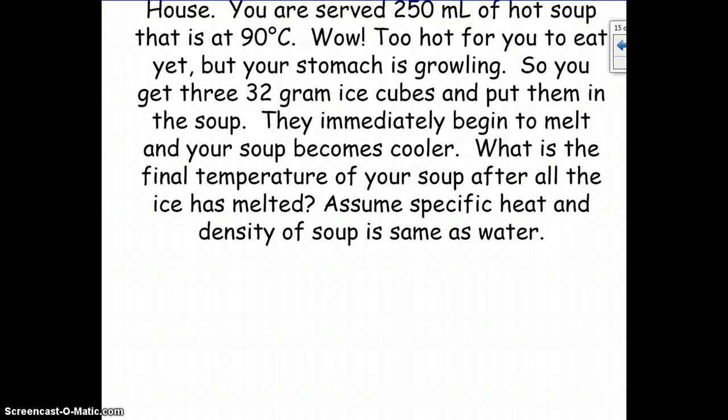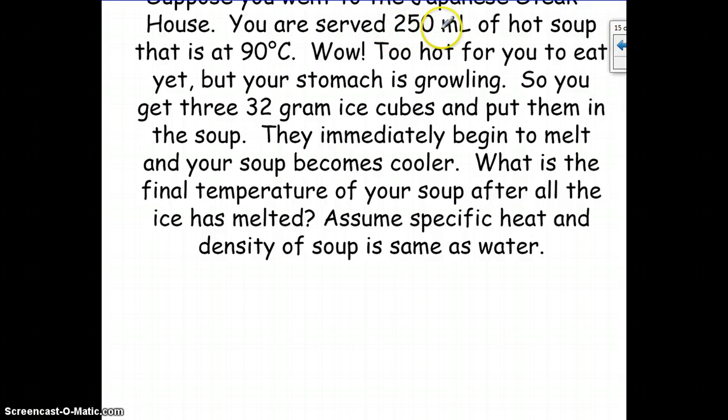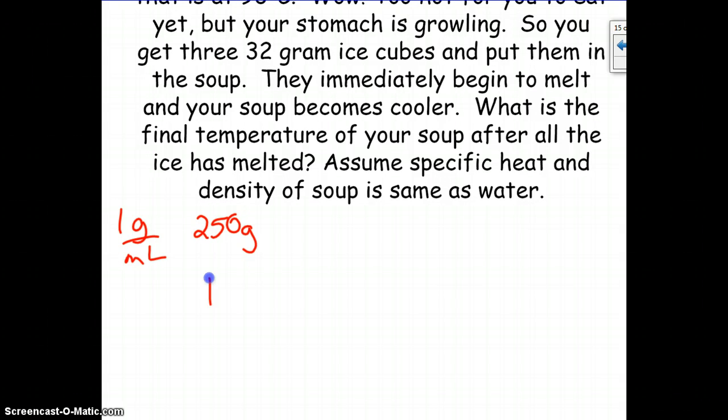Okay, so first we are dealing with 250 milliliters. Remember, density of water is 1 gram per milliliter, so we're really talking about 250 grams here. This is the hot soup. I'm going to set up two different little charts here. The ice is one thing that we've got going into this, and then the soup itself is the other.